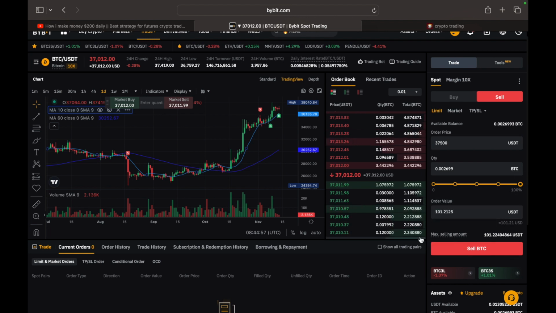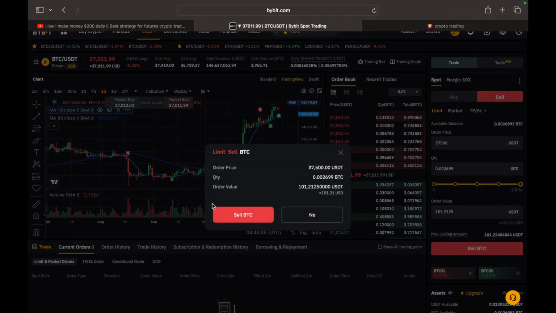So I bought low and I'm trying to sell high, so I'm gonna place a limit order right there. You can see I'm selling Bitcoin at this price, 37,500. So if the price of Bitcoin goes up and hits this price, I'm gonna sell this amount of Bitcoin and make a profit of $1, because I had $100 and I'm selling at a higher price, at the price of 37,500.